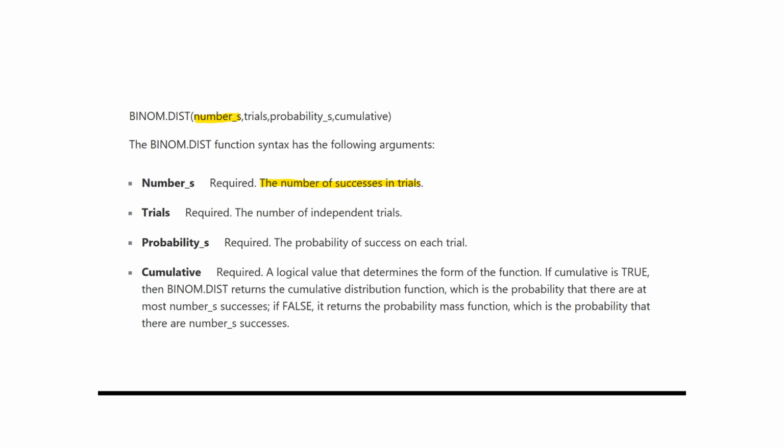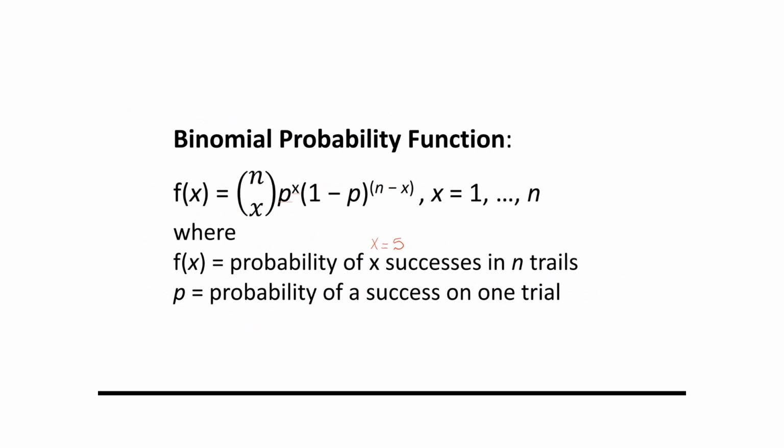For our specific version of the Martin closing store problem, we're going to ask, what is the probability that 5 of the next 10 customers will make a purchase? So in this case, the number of successes in trial would be 5. In our binomial probability function, number_s in Excel was specified as our variable x.